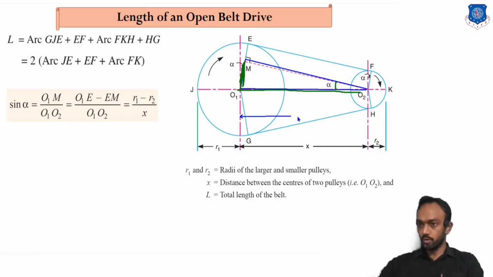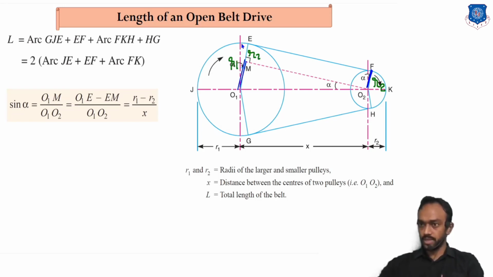You can say O1 O2 is nothing but the distance between two pulleys, the center distance, which you already know as x. Okay, and what is this distance O1M? You can see here this distance is R2, the smaller radius, and the same distance will be here R2, and the total distance here is R1.